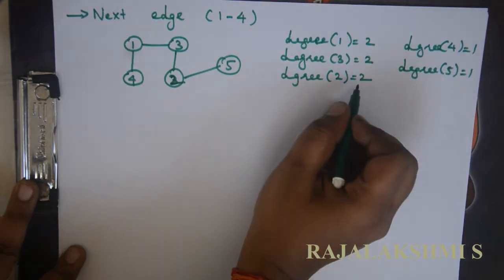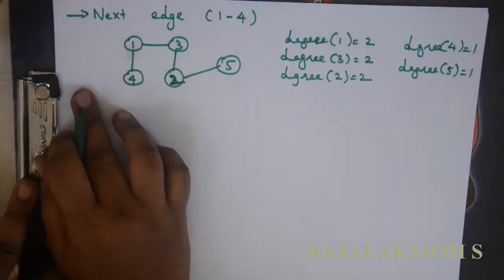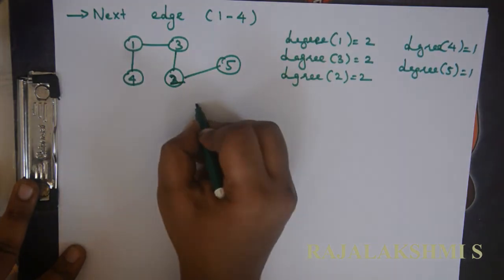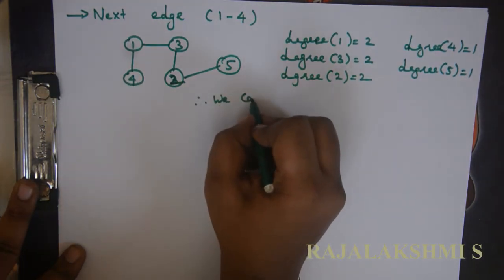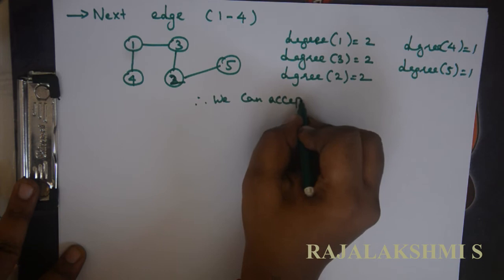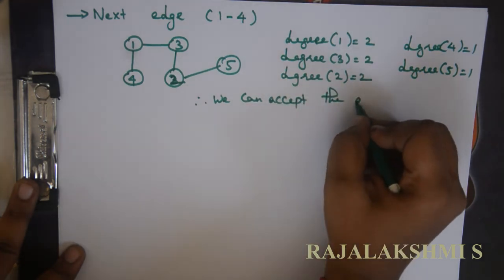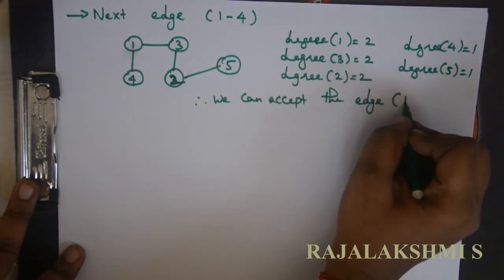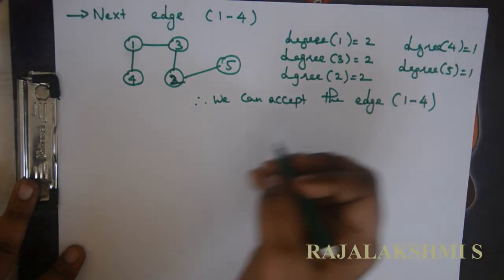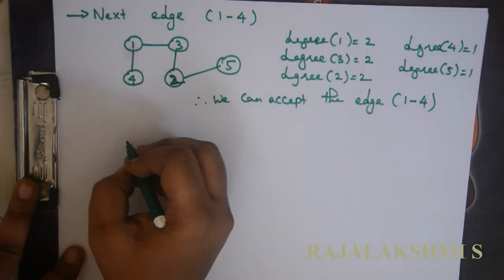So no vertex has degree 3, and also there are no cycles of length less than n, so we can accept the edge 1 to 4.